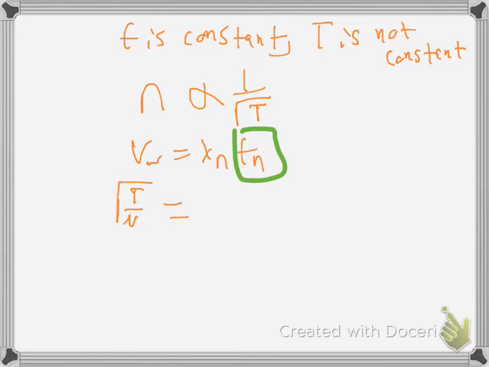So we know both of these. And then the wavelength. Well, we were given that it is mode 1, so that means that the wavelength is going to be 2L.